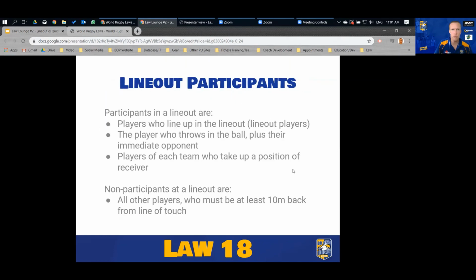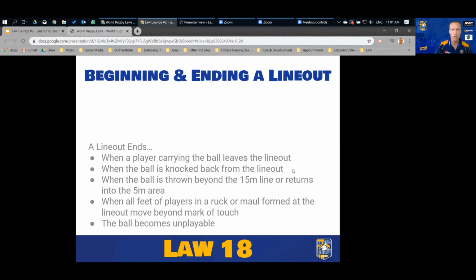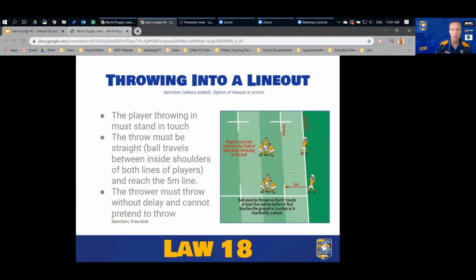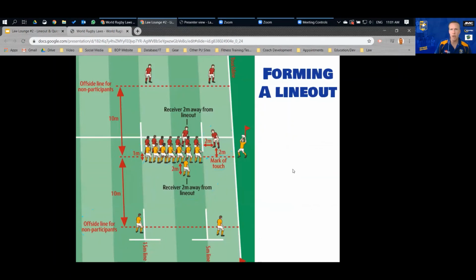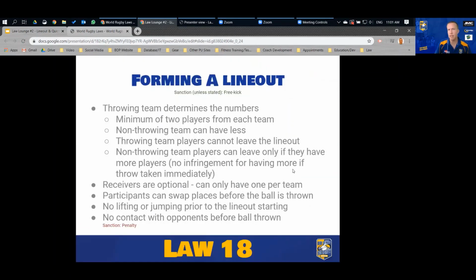Players, where are we? Yeah, I didn't pop it in here, but it rings true all the way from forming a lineout. So players can't leave the lineout until the lineout's over, or until a ruck or maul is formed. So they can stand there, but they can't leave the lineout and go back.